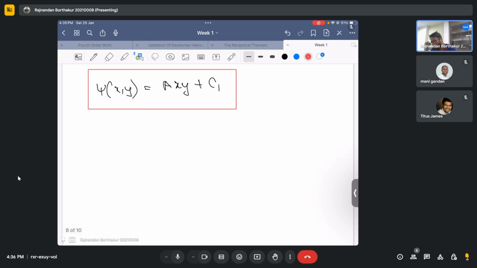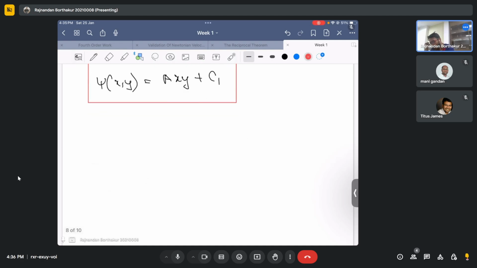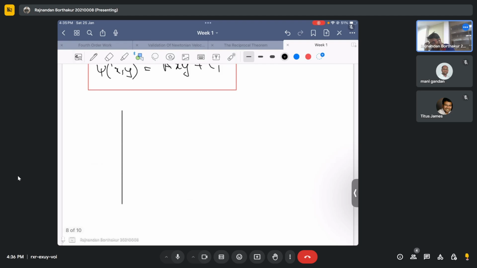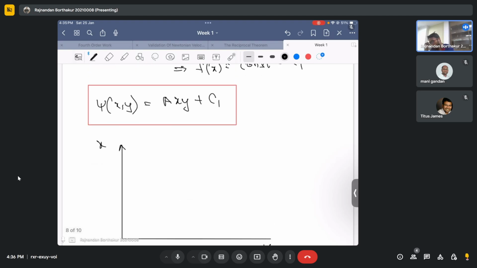It's something like that. Just to visualize things, what you can do is plot these streamlines in the xy space. Can you tell me what this plot would look like in the xy plane?